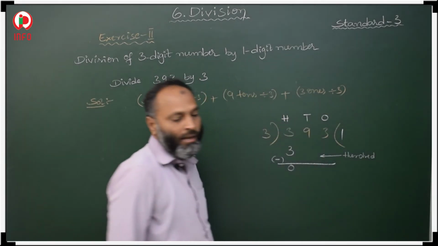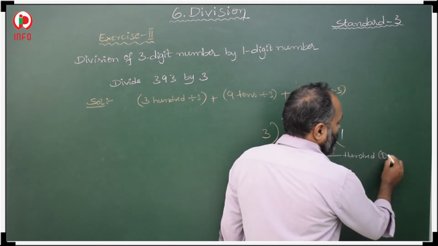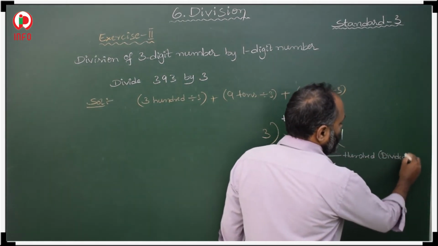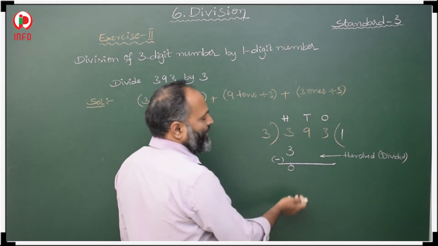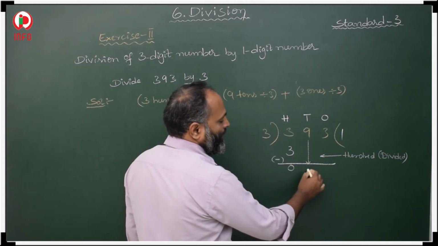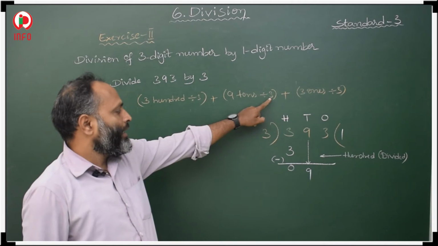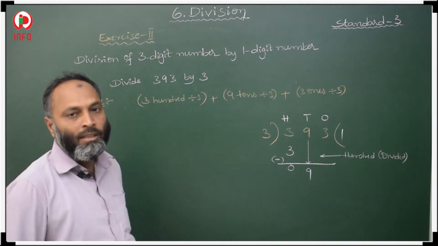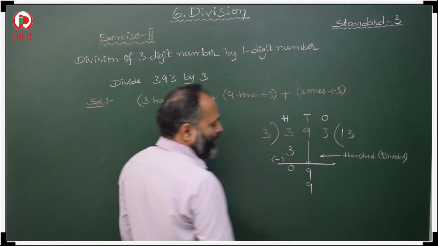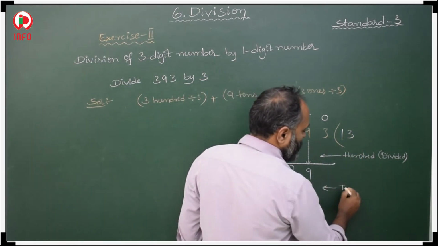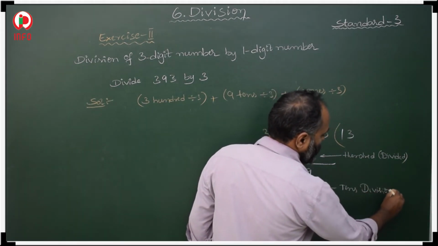This is the hundreds division. Next is 0, so no need to take 0 if 0 is there. Then after that we have to copy the tens, 9 tens. In the 3 table, when will you get 9? 3 threes are 9. So this is the tens place division.